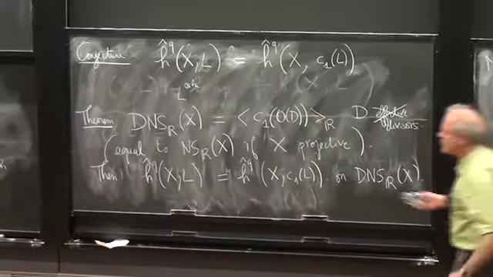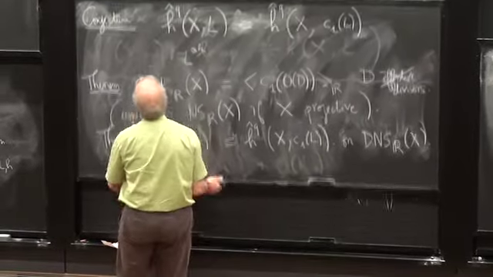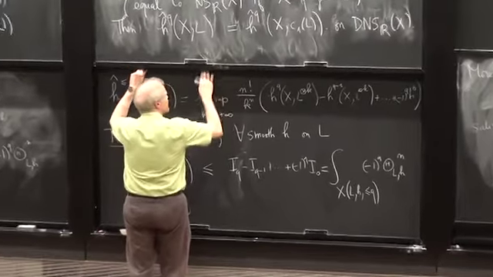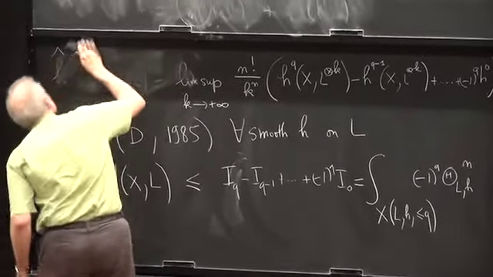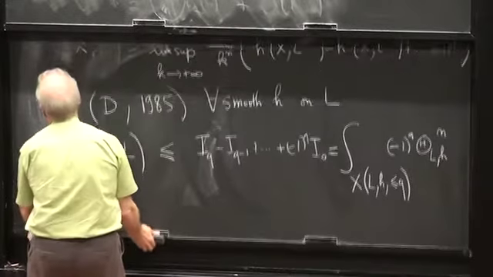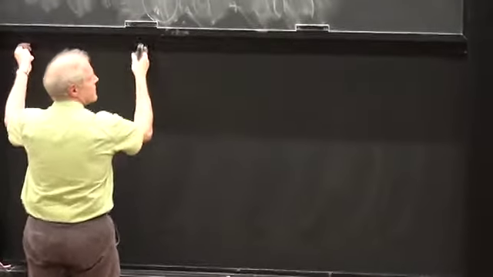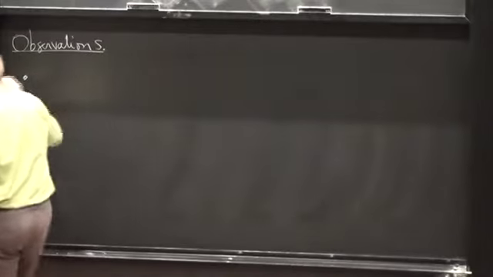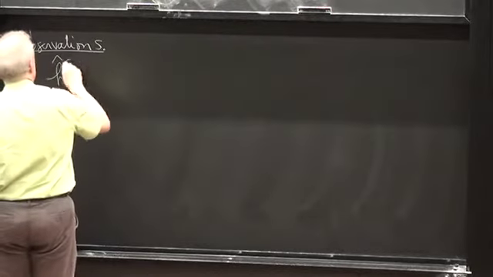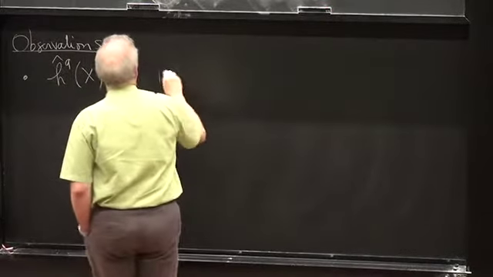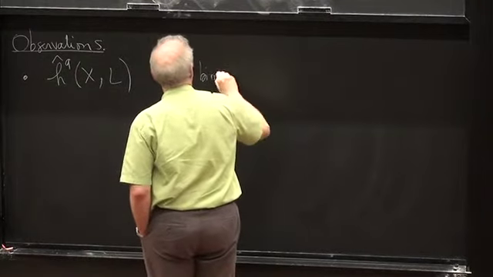So this will be my next observation. Of course the asymptotic cohomology here is a bimeromorphic invariant.